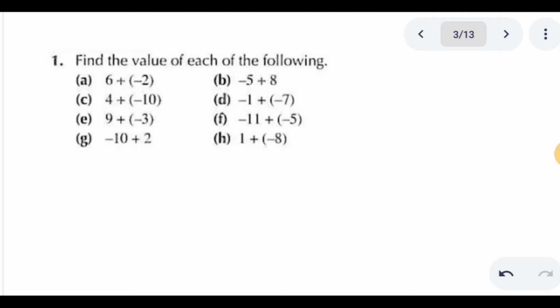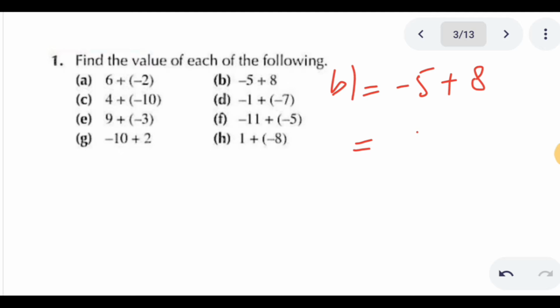In part B, we have minus 5 plus 8. Again, first we have to decide whether we have to add or subtract, and this decision is based on the product of the signs, like plus minus is minus.